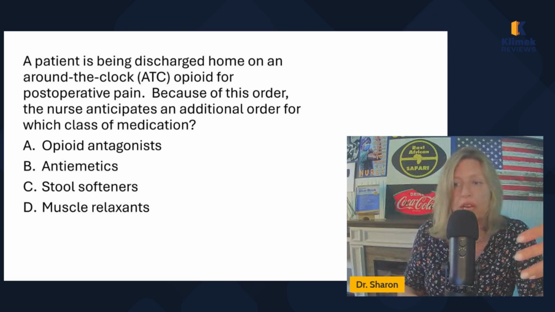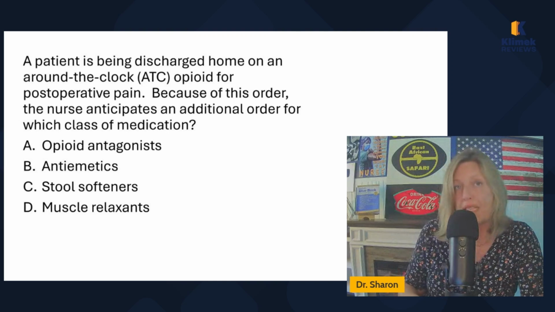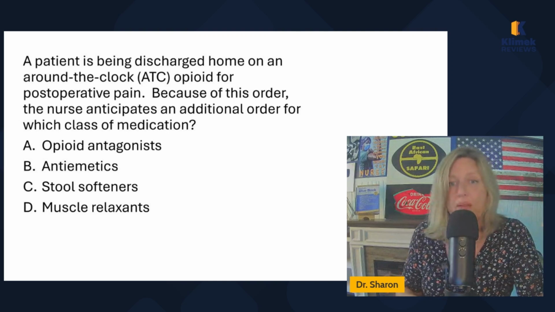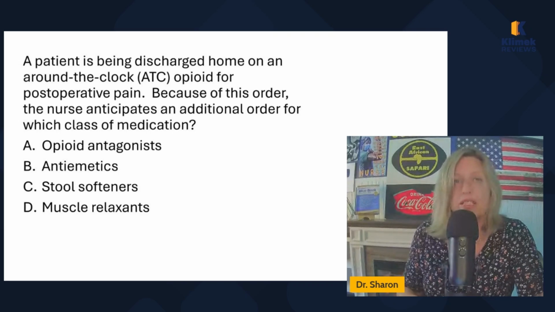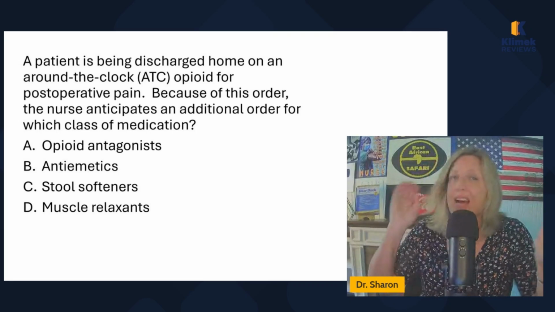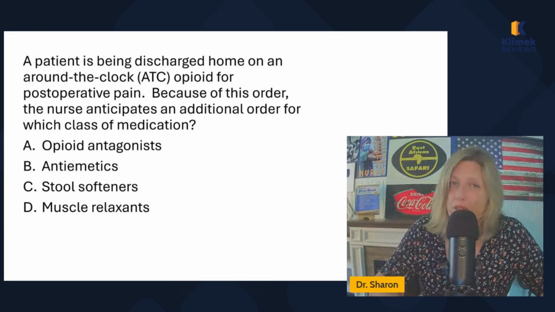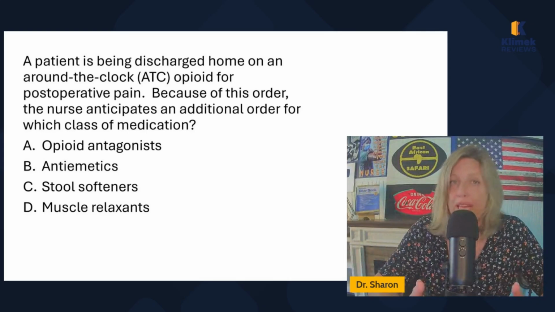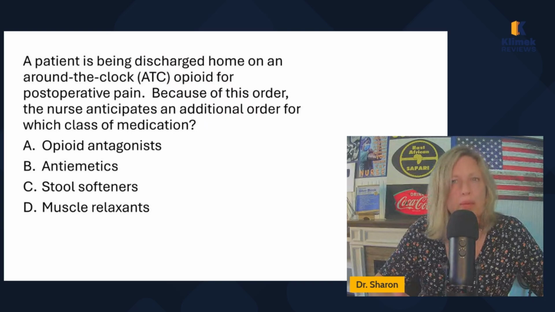Stool softeners. Now, with stool softeners, we can tell them to walk more, to take more fiber, because they can have constipation as a side effect of opioids. So we'll tell them to take more fiber in their diet, but it's not uncommon for us to also prescribe Colace, docusate sodium. It's a very mild stool softener, so it's very common. So I say, well, maybe a stool softener seems reasonable to me.